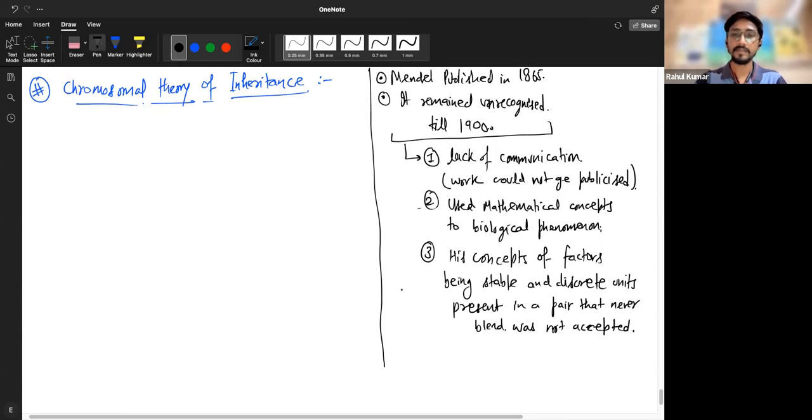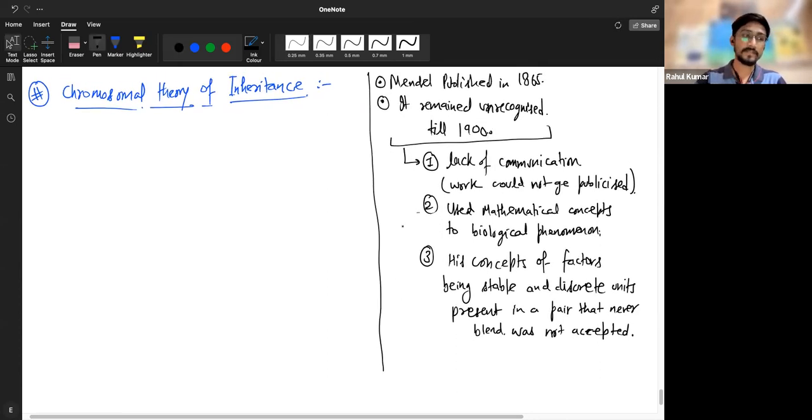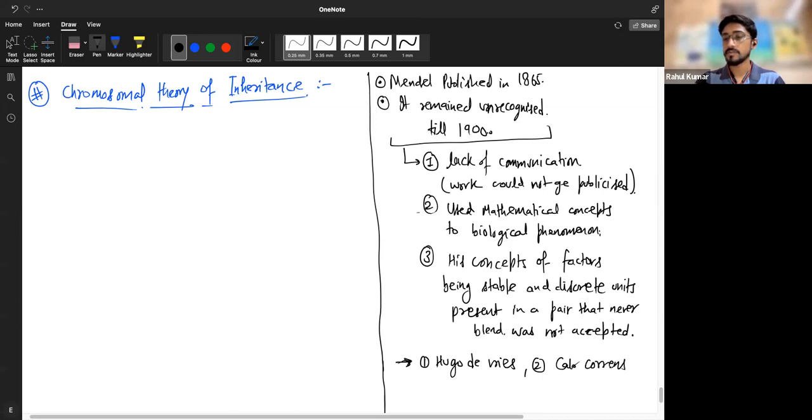Now, what happened in 1900? In 1900, there were three scientists. You would like to write down the names of those who rediscovered his work. First was Hugo de Vries. Second was Carl Correns.